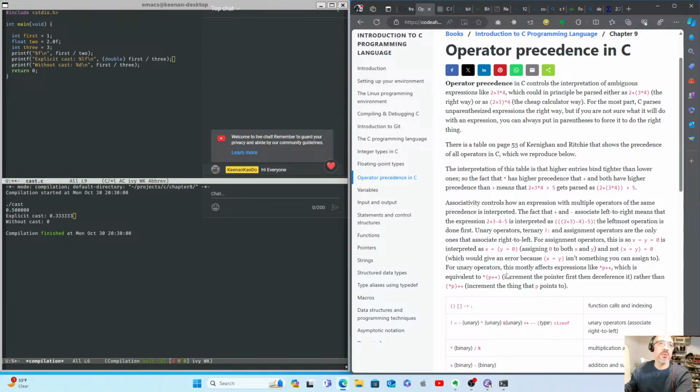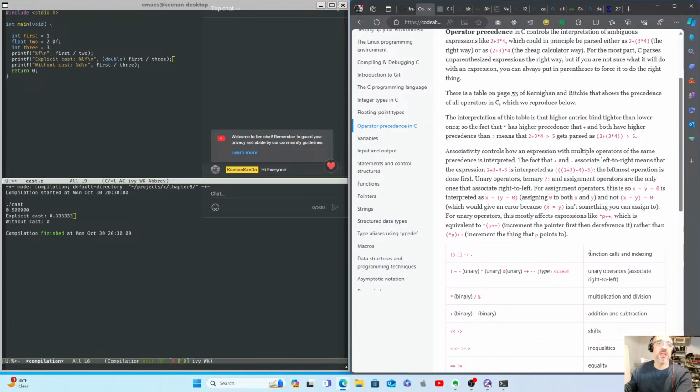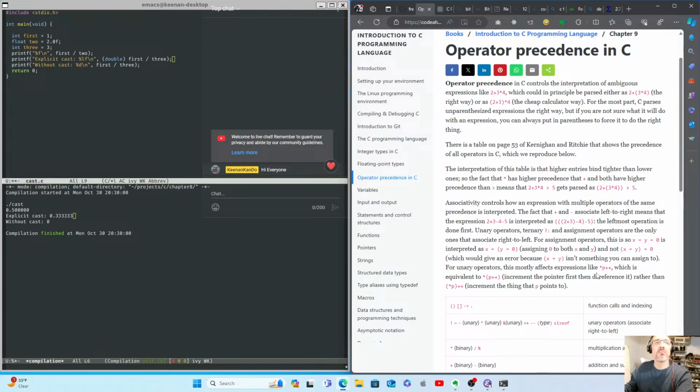For unary operators, this mostly affects expressions like *p++, which is equivalent to *(p++). Increment the pointer first, then dereference it, rather than increment the thing that p points to.